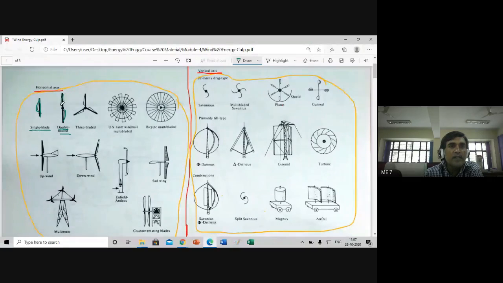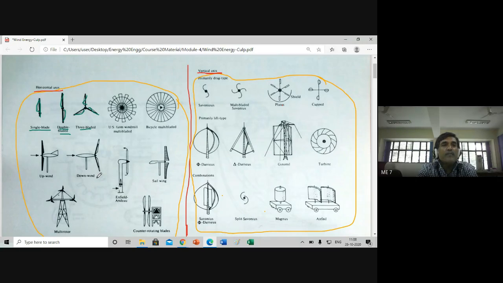This is another blade. Three blade is like this, just similar to the table fan or ceiling fan we use in our home. Similar to that, the rotor blades are there. These blades are twisted. Cross section area is varying, like fan blades.